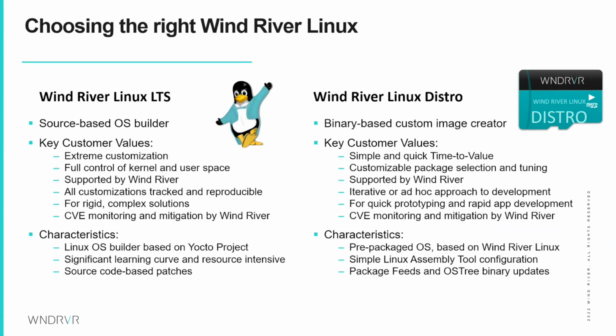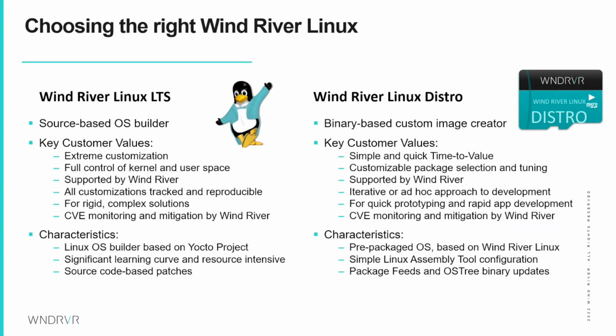And one of the things that's important about the Wind River Linux distro is that we provide updates to it via OSTree. So with OSTree updates, every RCPL we come out with new updates for the binary distro. That means that if there's a CVE that's been fixed, customers can pick that up without, once again, having to rebuild the whole thing.